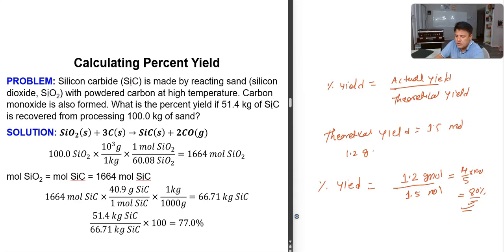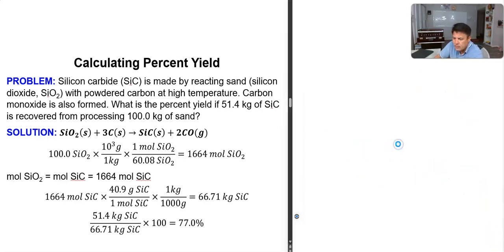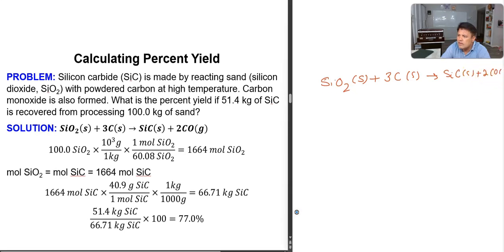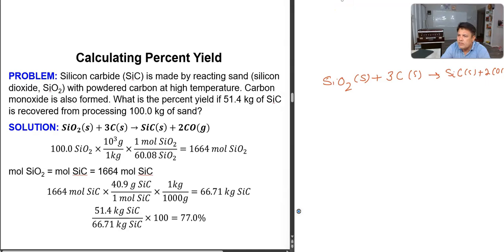First of all, you need the reaction. Let me erase that. What is the reaction? Silicon dioxide, a solid, silica, whatever you see on the beaches, plus 3 carbon, solid, gives you silicon carbide, solid, plus 2 carbon monoxide gas. This is your reaction.